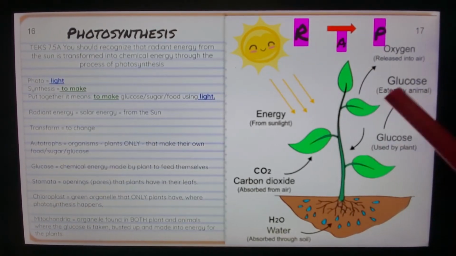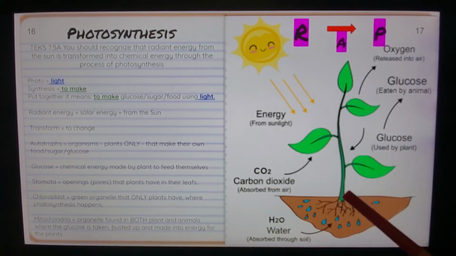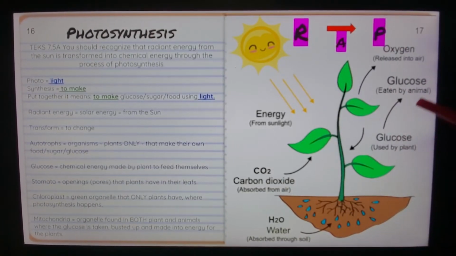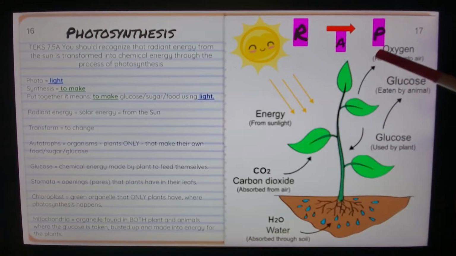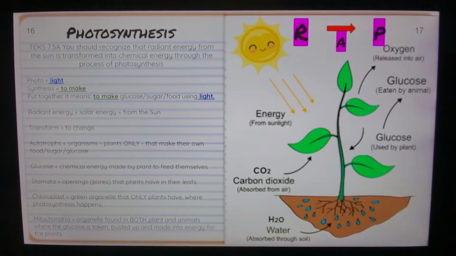And what you get out, what you produce from photosynthesis, are these items over here, glucose and oxygen, and we call them products. And then the A is for the arrow, wrap. And you're going to need to know that little mnemonic phrase of wrap in 8th grade as well. So we might as well start practicing here with photosynthesis since it's a chemical reaction.